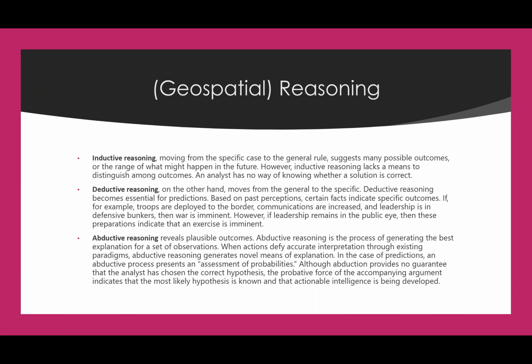And in the case of predictions, an abductive process presents an assessment of probabilities. So it's not just going straight to that specific, but here's a number of different probabilities and which might be best. Although abduction provides no guarantee that the analyst has chosen the correct hypothesis, the probative force of the accompanying argument indicates the most likely hypothesis is known and that actionable intelligence is being developed. So you are starting to come up with different possibilities for what an outcome might be.